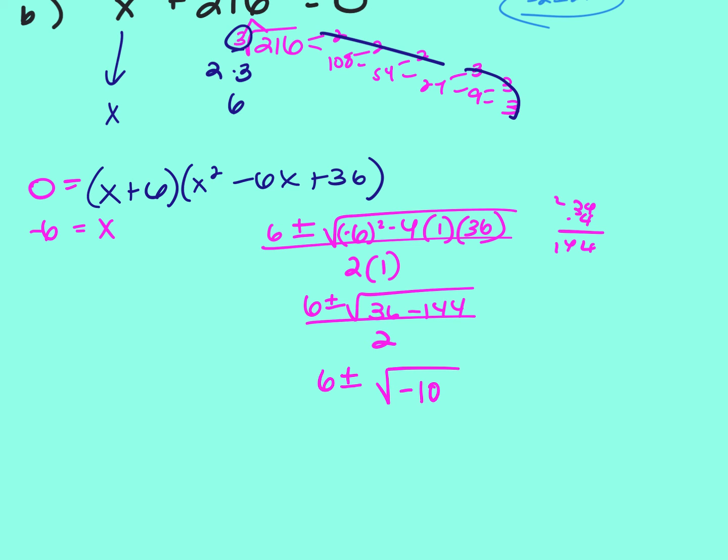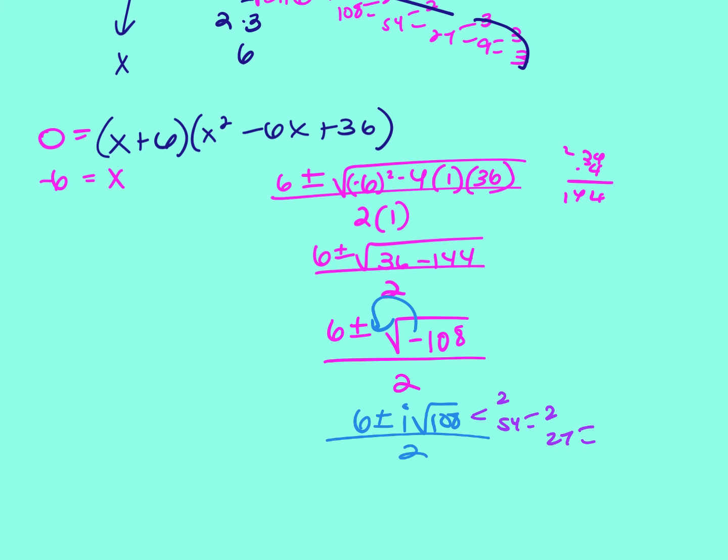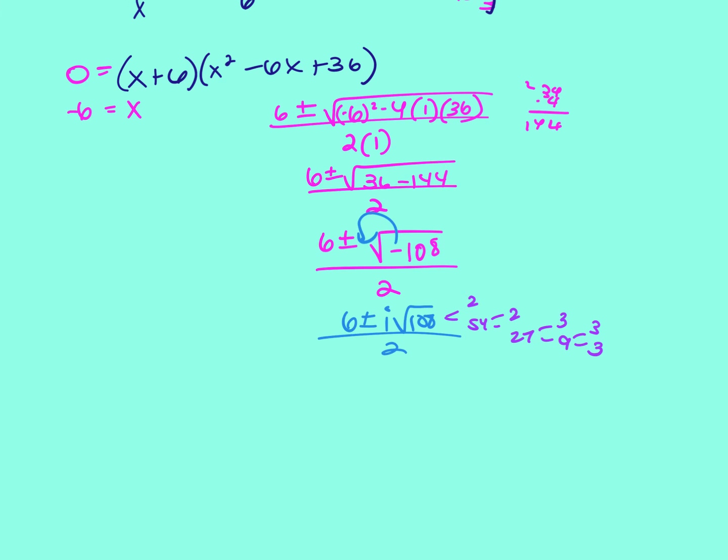108. i comes to the outside here. I have a pair of 2s, pair of 3s, 1 3 left underneath.